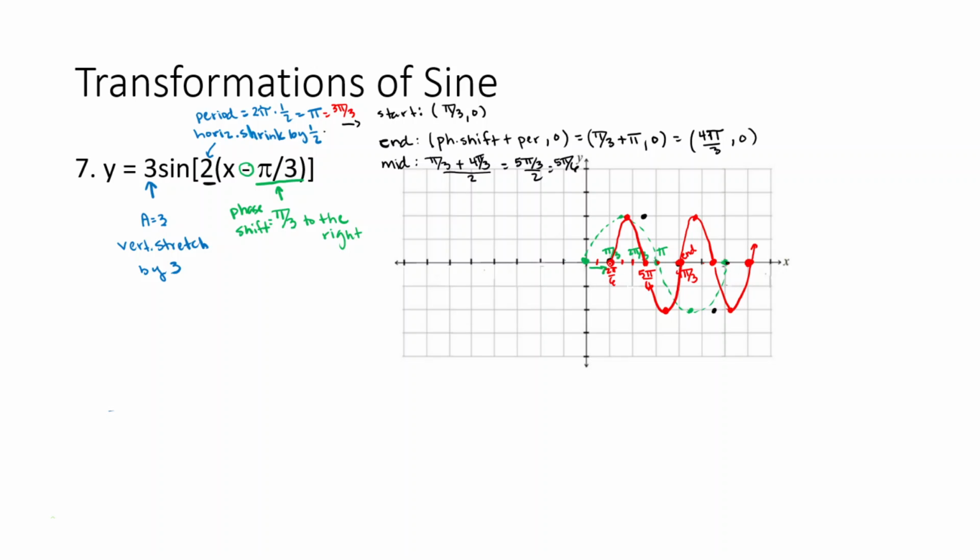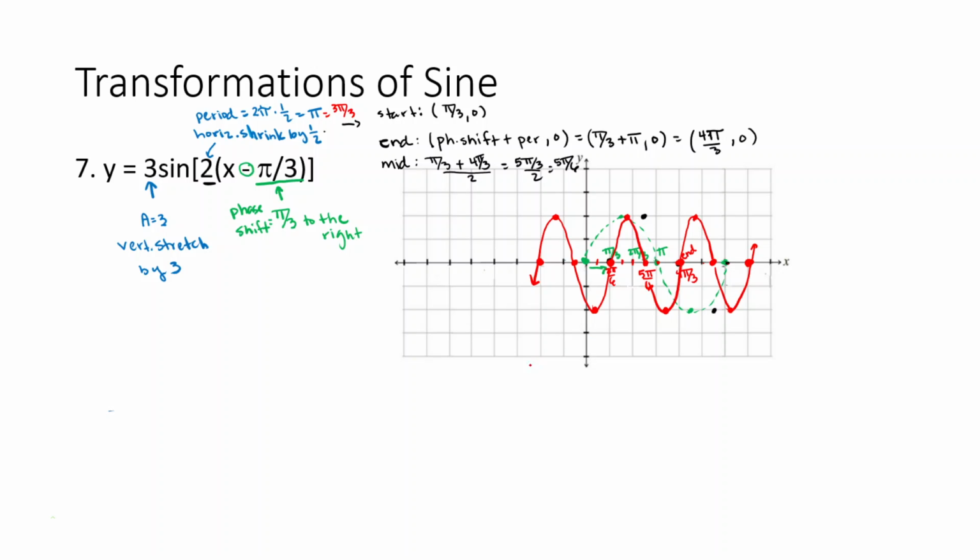I can also go to the left, 1, 2, 3, find the mid, find the middle, and find the middle again. And I can connect the dots. So I can draw as many cycles as I want to. I can do it over and over.